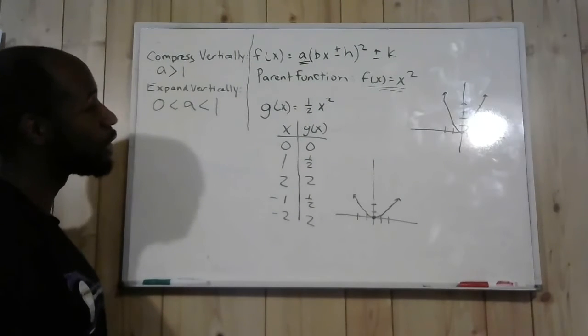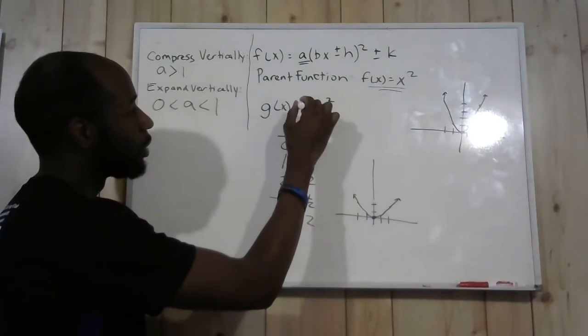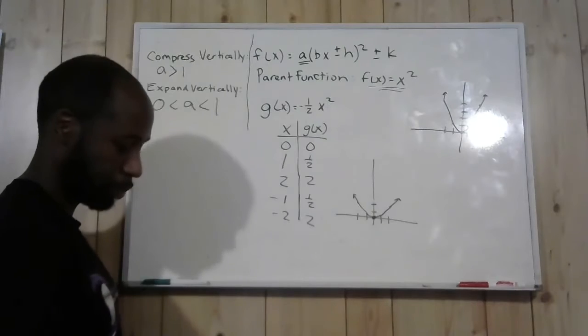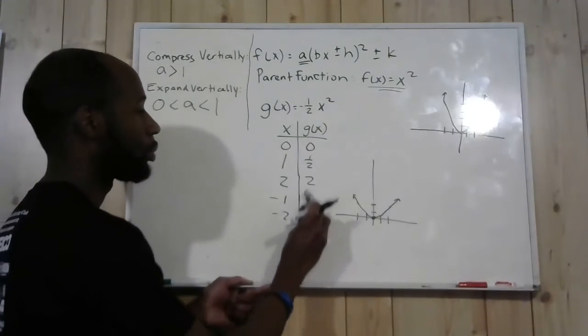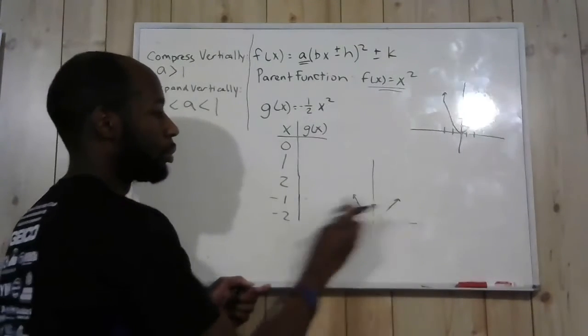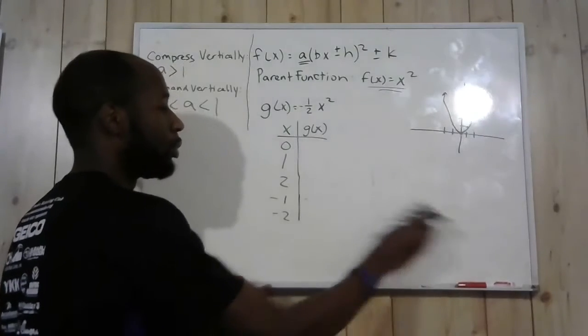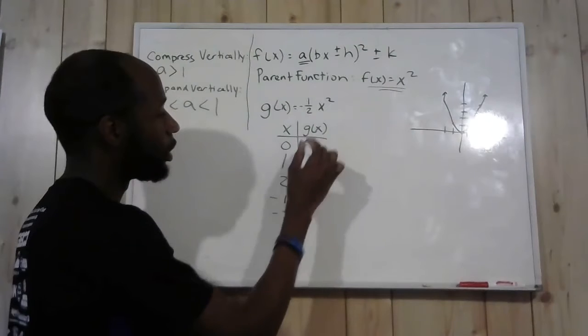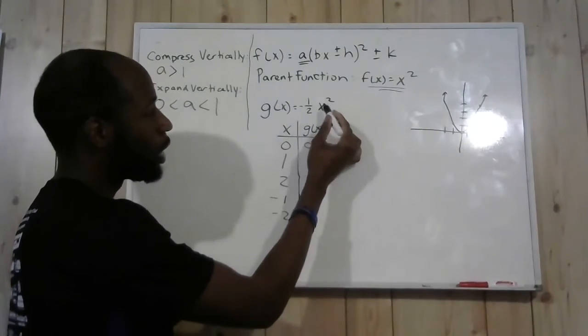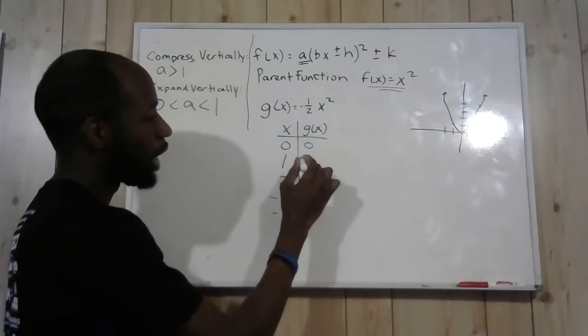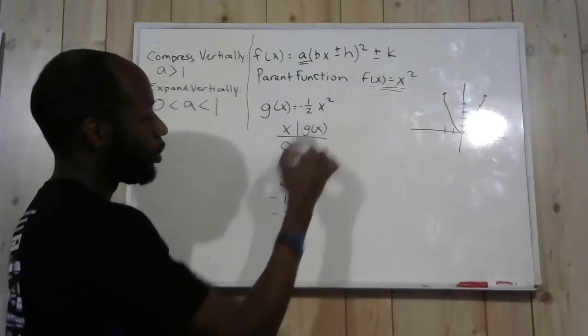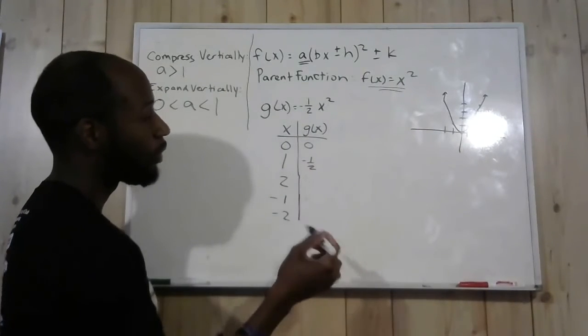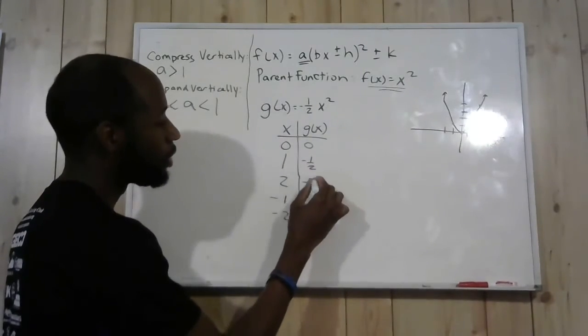Now, so what if this was -1/2? Okay, so equation 0, 0. When x is 1, 1 squared is 1, 1 times -1/2 is -1/2. When x is 2, 2 squared is 4, 4 times -1/2 is -2.